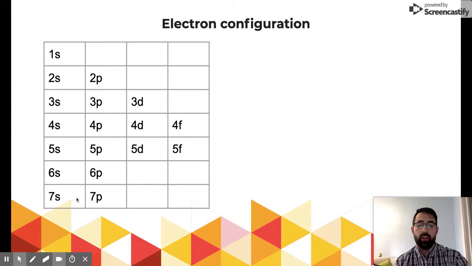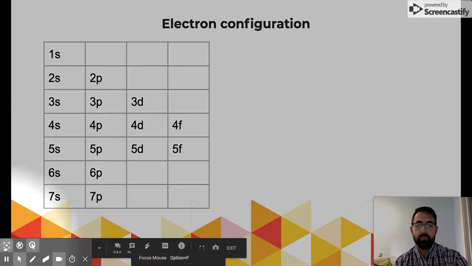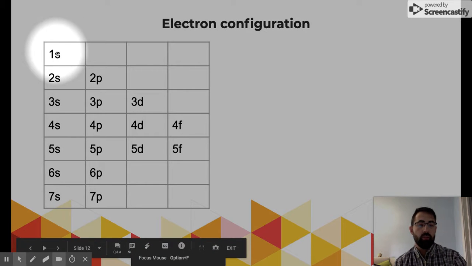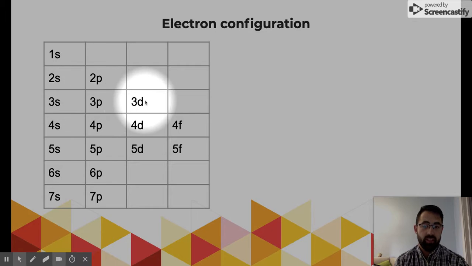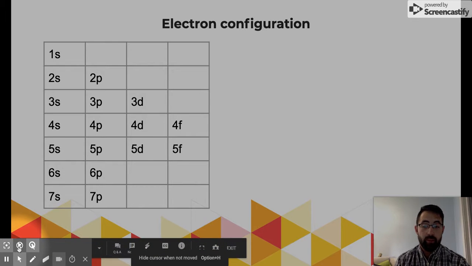The first orbit level has only one sublevel, S. The second level has 2s and 2p, then 3s, 3p, 3d. So the first step when you're doing electron configuration, if it asks for it, is to write out this list. It'll make your life so much easier than trying to memorize it.